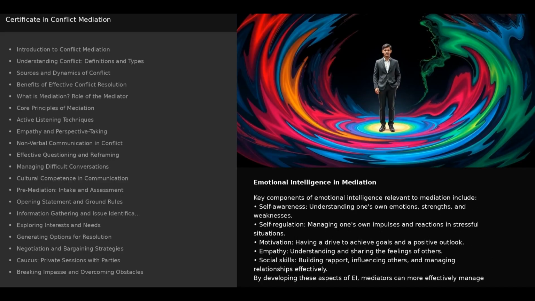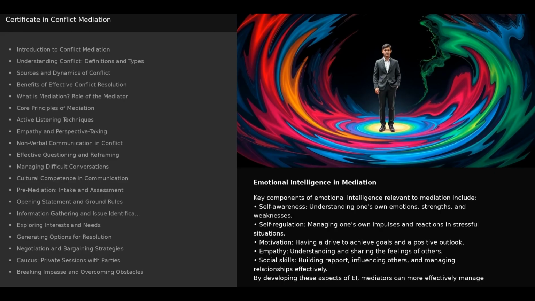Key components of emotional intelligence relevant to mediation include self-awareness, understanding one's own emotions, strengths, and weaknesses; self-regulation, managing one's own impulses and reactions in stressful situations; motivation, having a drive to achieve goals and a positive outlook; empathy, understanding and sharing the feelings of others; social skills, building rapport, influencing others, and managing relationships effectively.